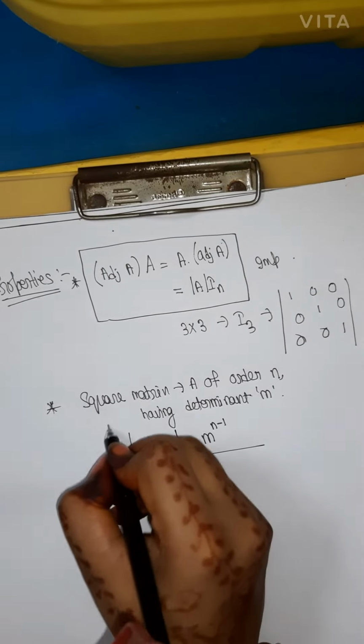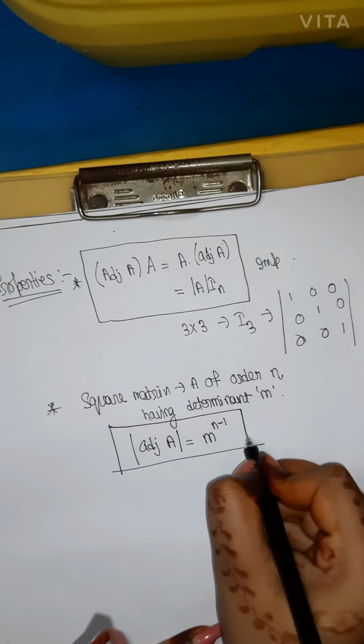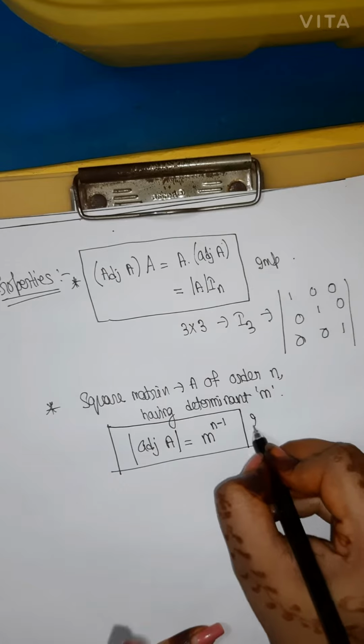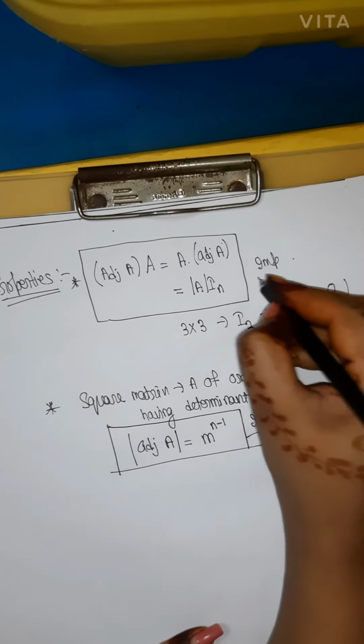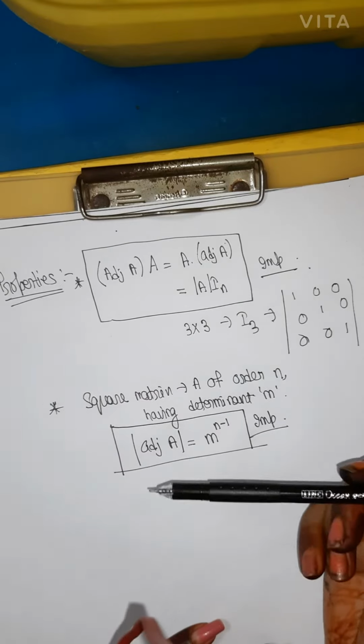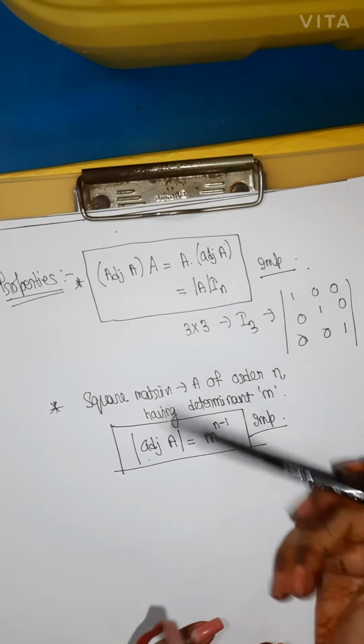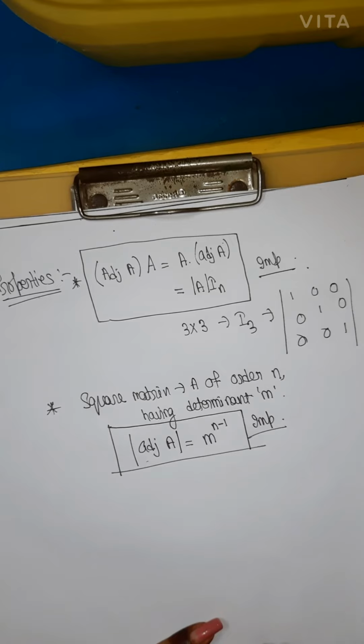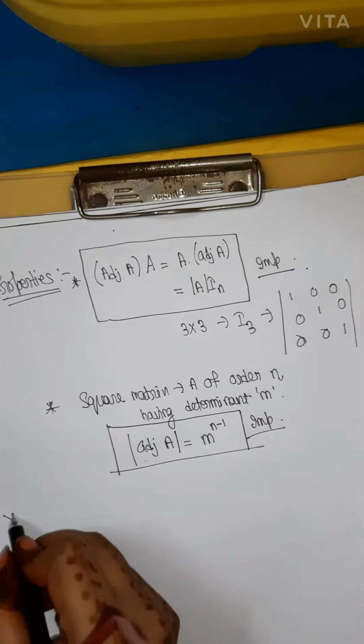This is also an important property we must remember. This we have to apply in lot of problems. Remembering these properties can help us solve a lot of problems in a one go and easily.